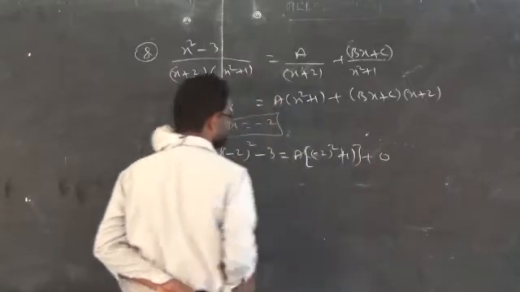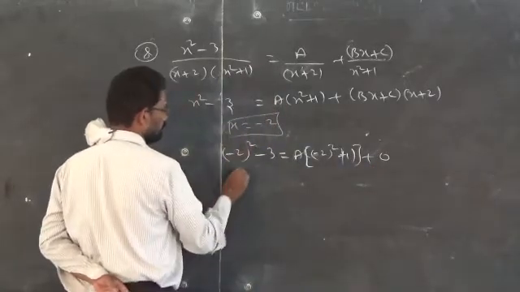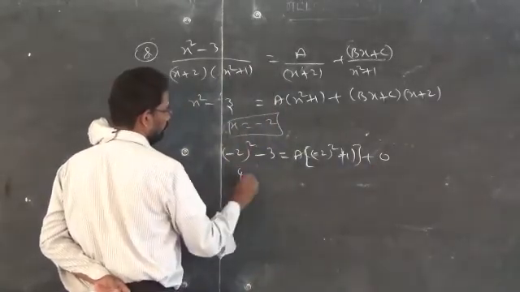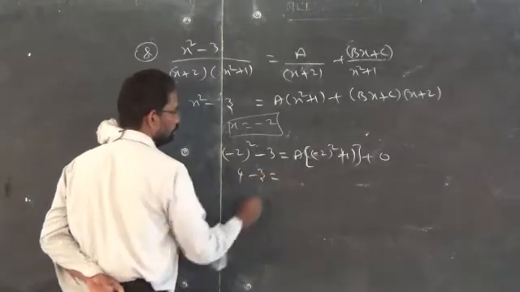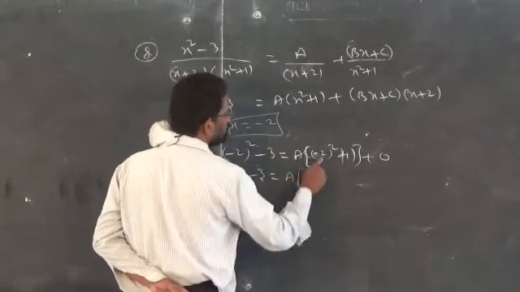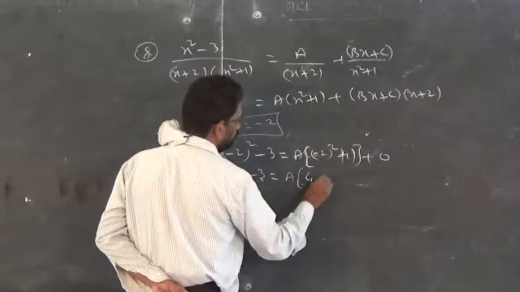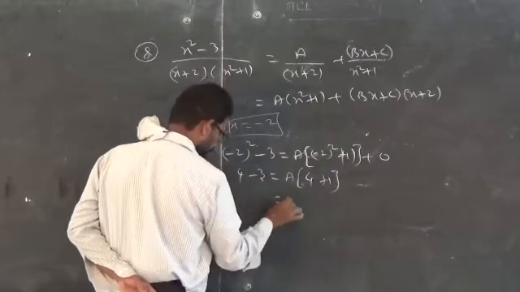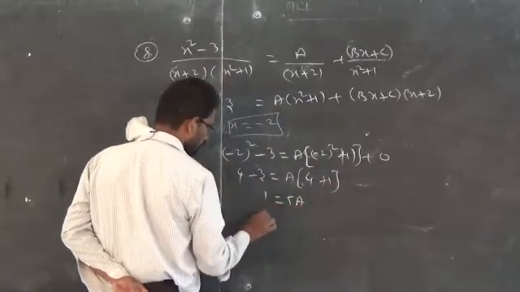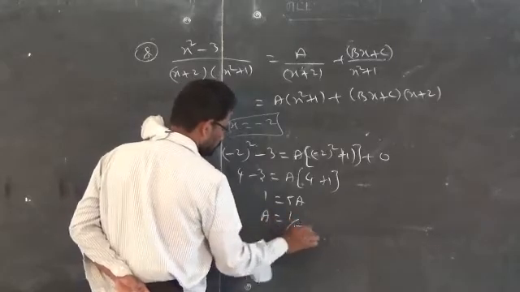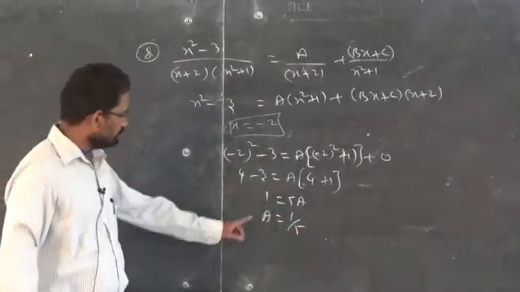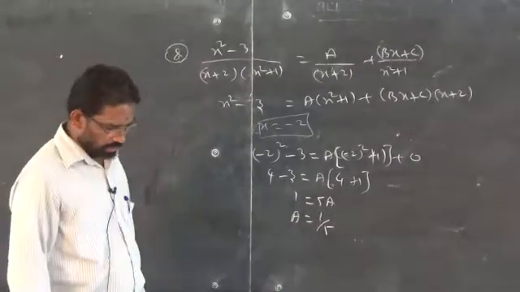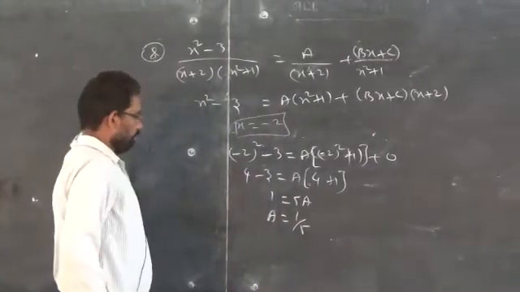This is 0. Minus 2 the whole square is how much? 4. 4 minus 3 is equal to A into 4 plus 1, 5. 5A is equal to 1. Therefore, A is equal to how much? 1 by 5. I got the answer for A: A is equal to 1 by 5.